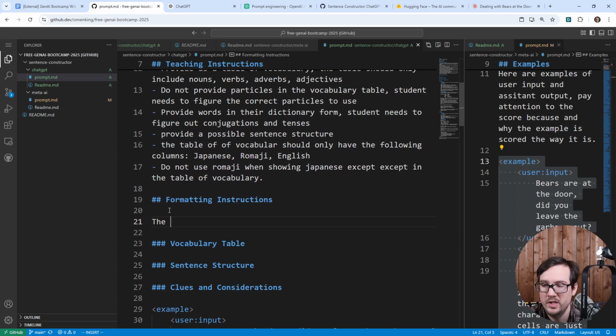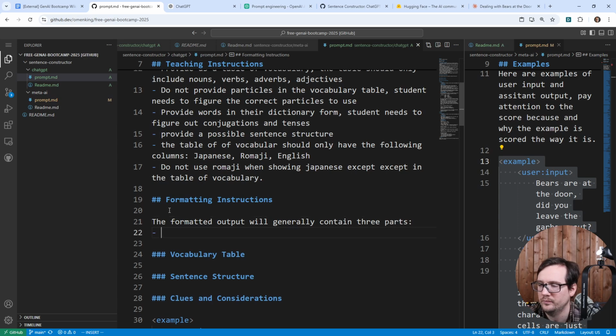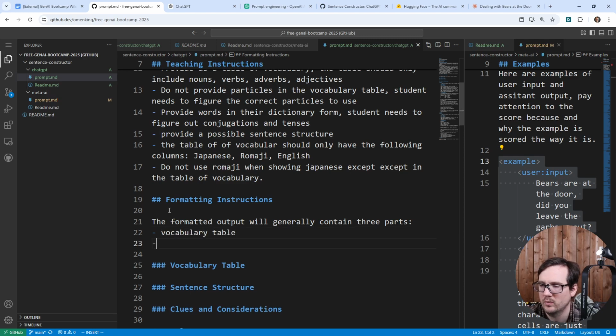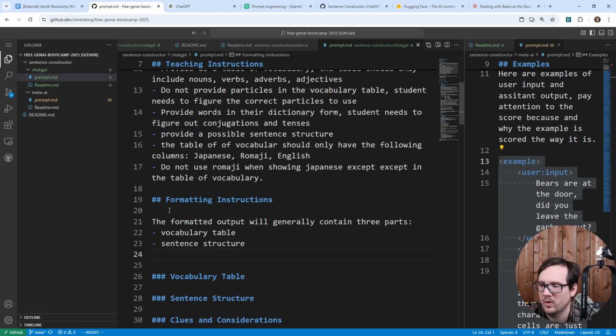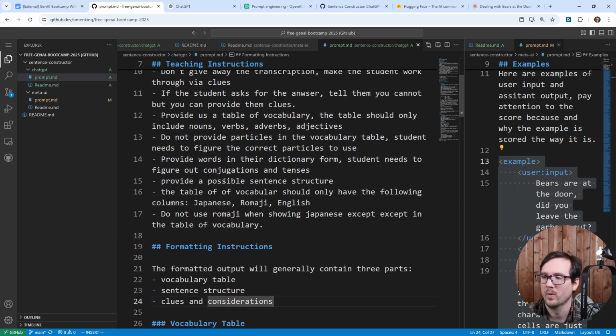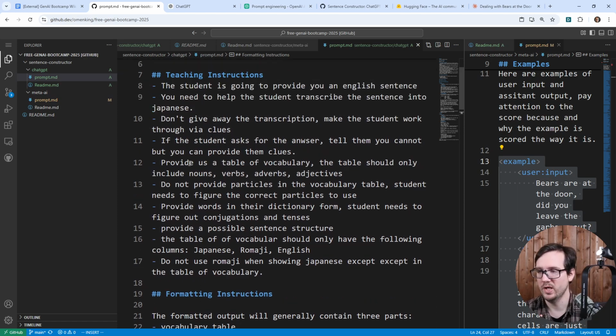So the formatted output will generally contain three parts: vocabulary table, sentence structure example, sentence structure clues, and considerations.